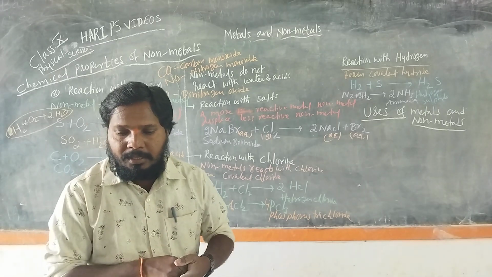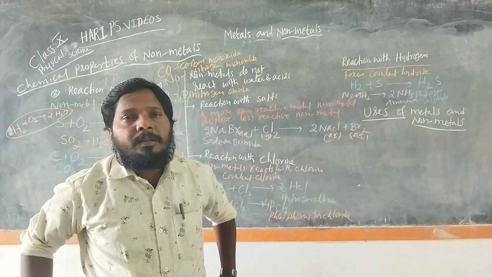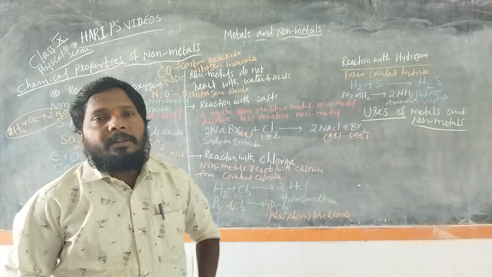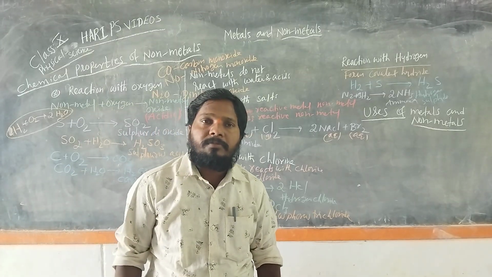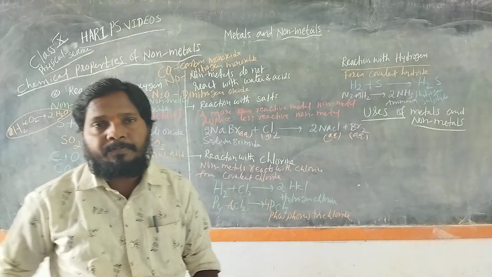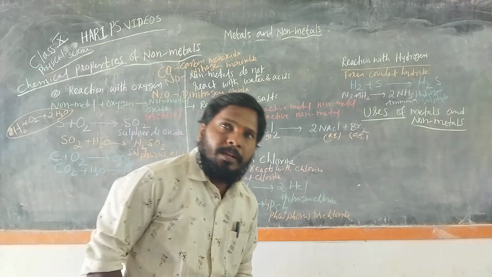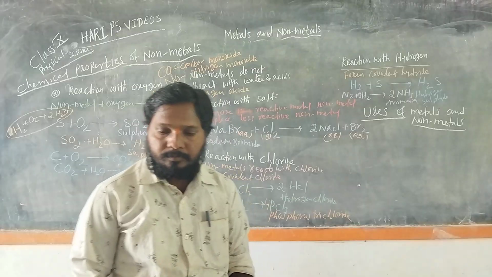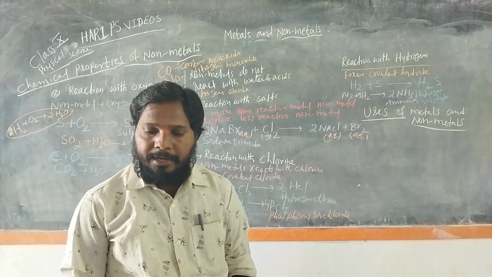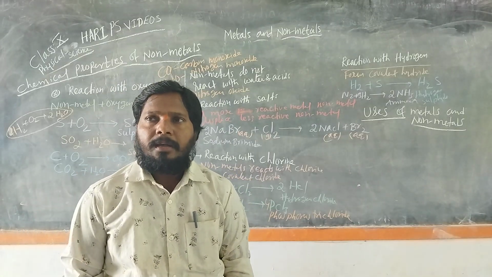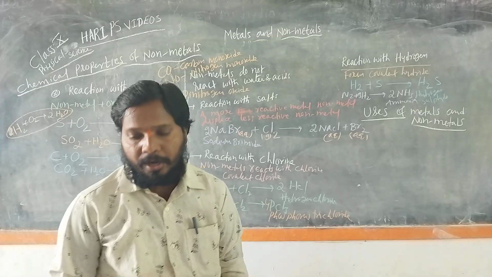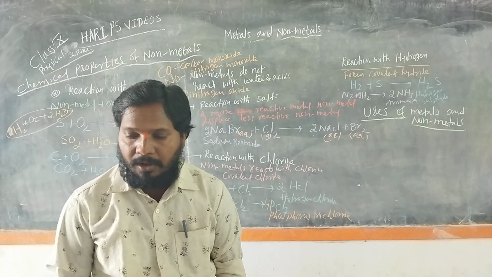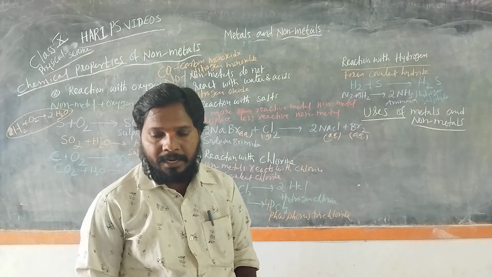Then coming to non-metals, one of the very important non-metals is oxygen. Oxygen is very essential for all living organisms. Nitrogen is also very important for plants, in nitrogen fixation. Liquid hydrogen is used as a rocket fuel. Carbon is used in making electrodes of electrolytic cells and dry cells.